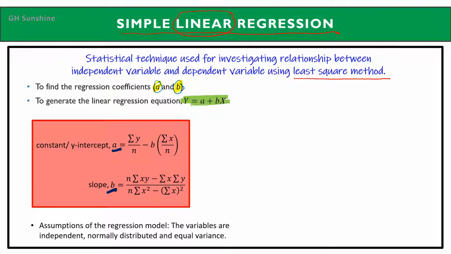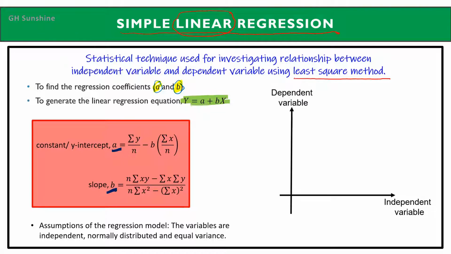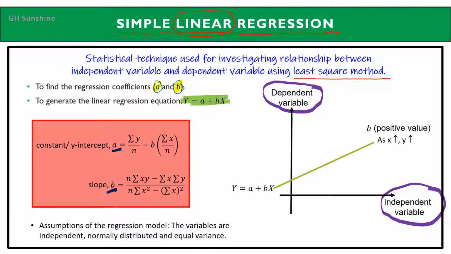The assumptions of the regression model. First, the variables are independent. Second, normal distribution. And last, equal variance. Now based on the scatter plot, look here. Y is the dependent variable, X is the independent variable. The first line here is the regression line or regression model.